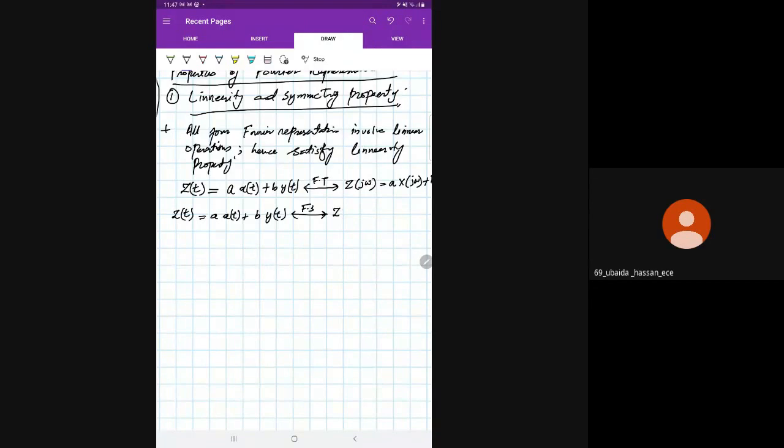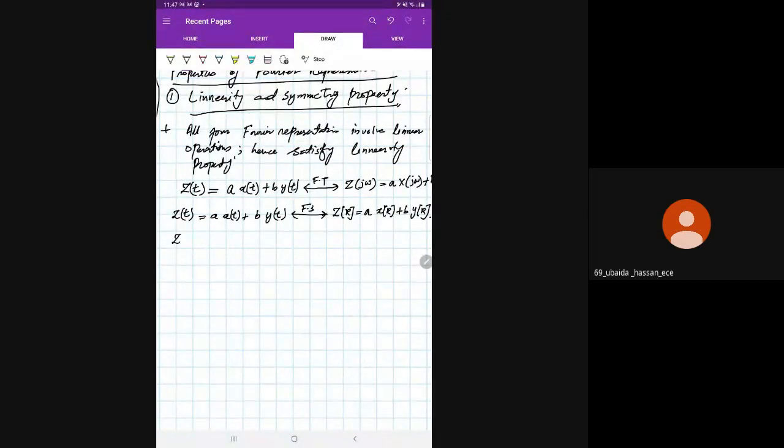So z of t will become z of k, which is equal to a times x of k plus b times y of k. That is one thing.